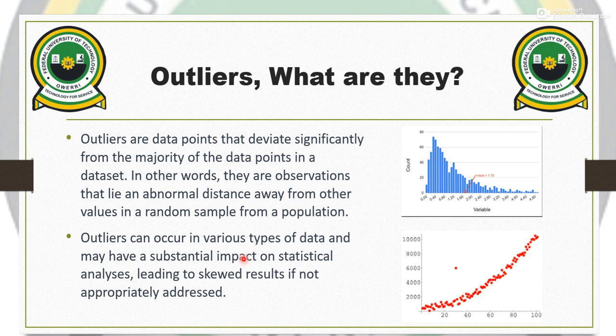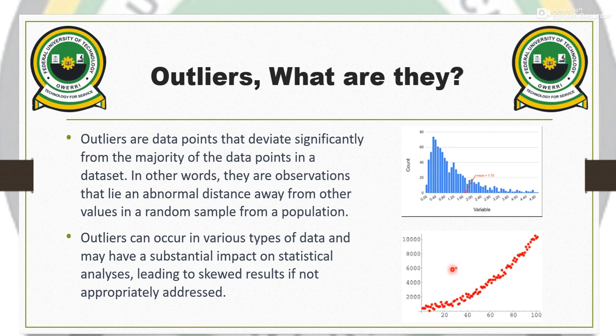When you look at this graph here, you discover that every other data point is lying within this range except this particular one here, and this is what is known as an outlier.